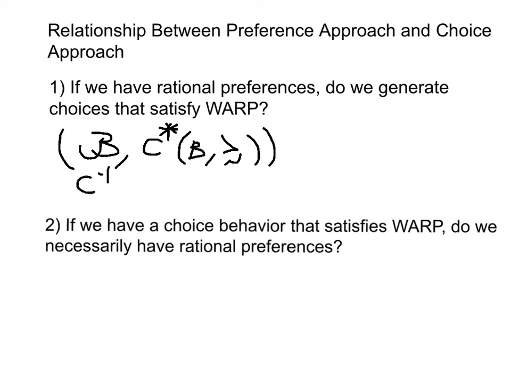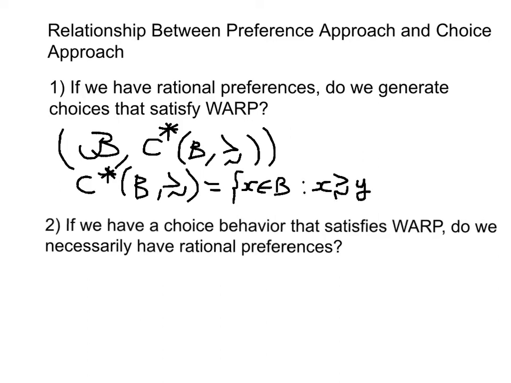And C star here is simply the set of elements from a budget set which are at least as good as every other element given the rational preference relation. So it's just the set of x element of a particular budget set such that x is at least as good as y for all y element of B.